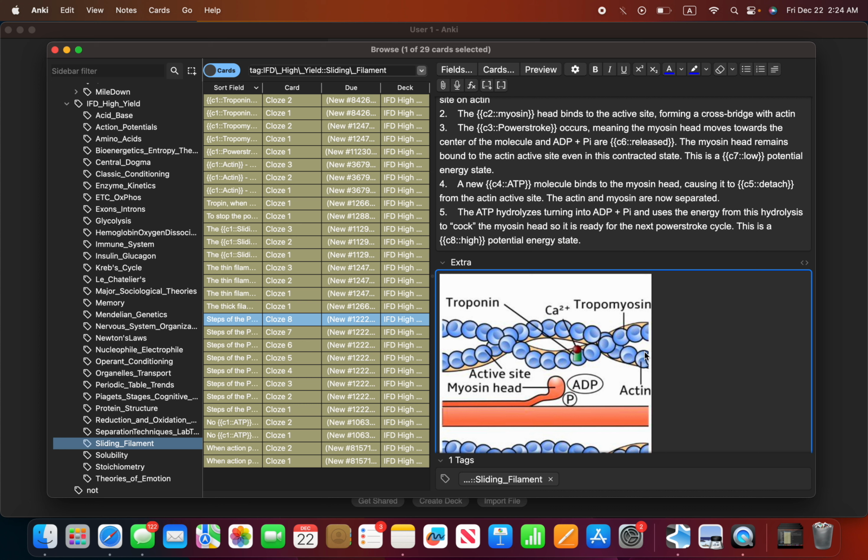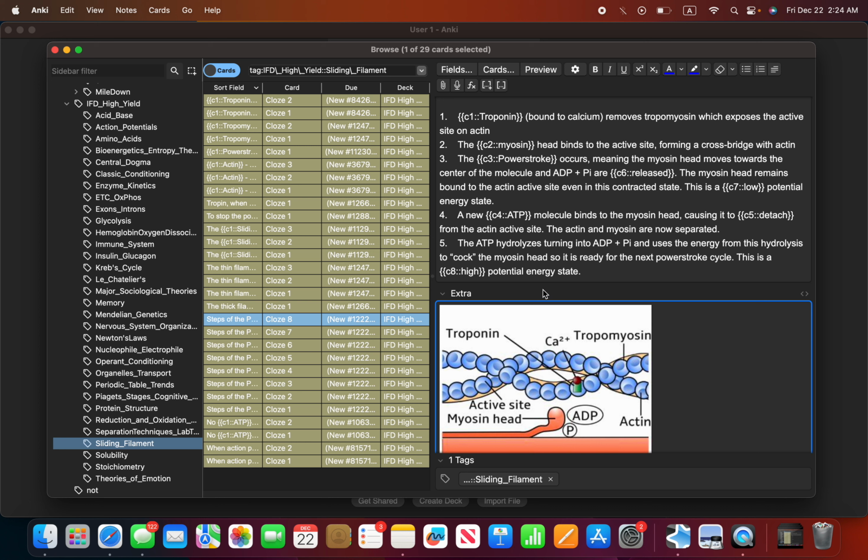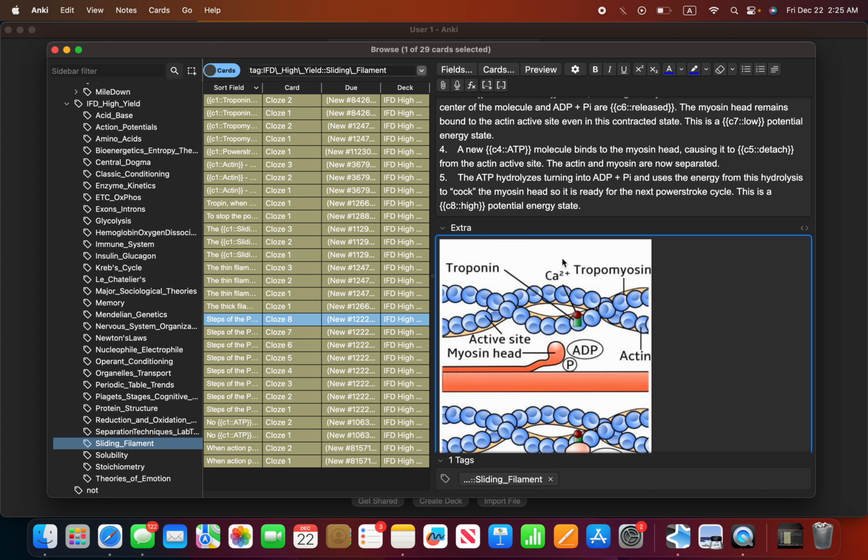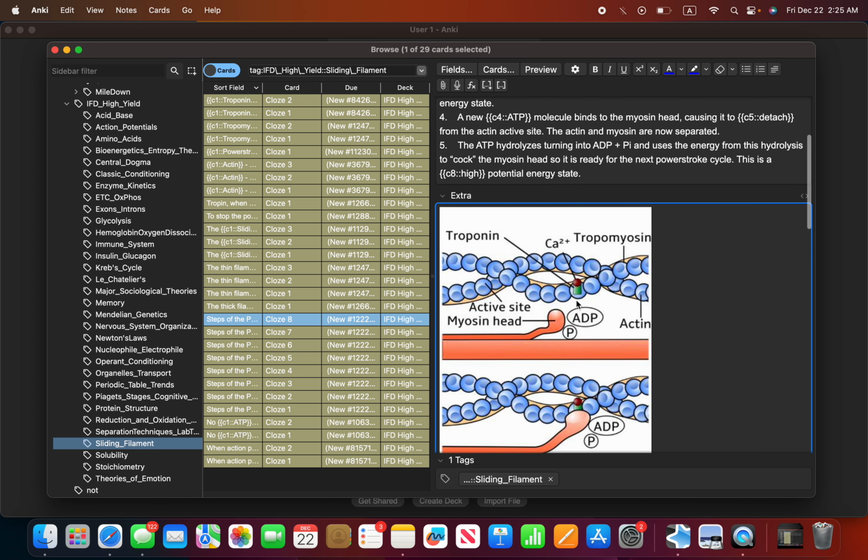So when troponin is bound to calcium, the active site of actin is not blocked from the myosin head. It removes the tropomyosin, which exposes the active site on actin.